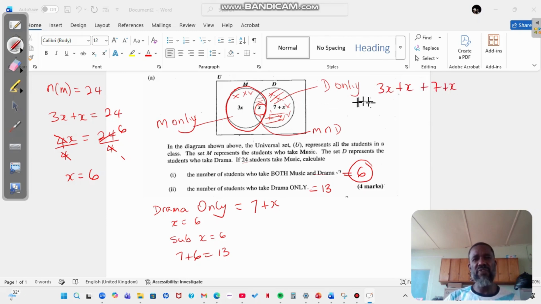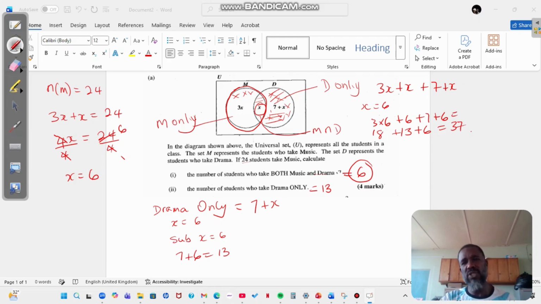So if x is equal to 6, 3 times 6 plus 6 plus 7 plus 6 will give you the total number of students in the class. 6 threes give you 18, plus 6 is 24, plus 13 would give you 37 students in total in the class. And that's how we would approach questions like this.